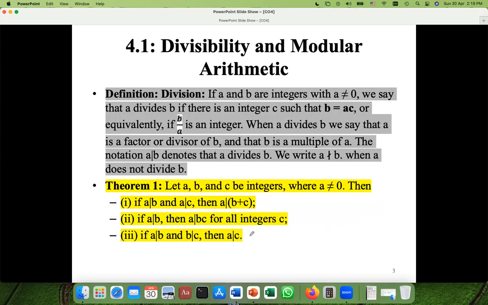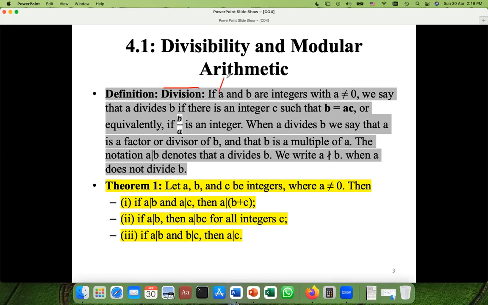So let's start with the first topic and the first section. According to the textbook, the first section is 4.1, divisibility and modular arithmetic. Here we have the definition of simple division. Division is an operation in mathematics, and the definition is simple.